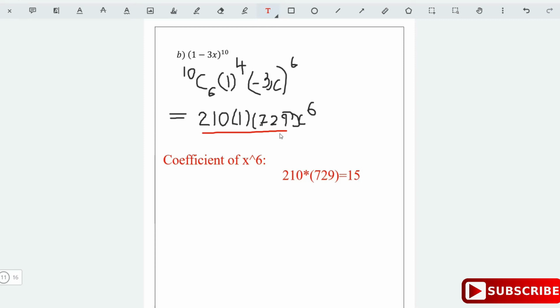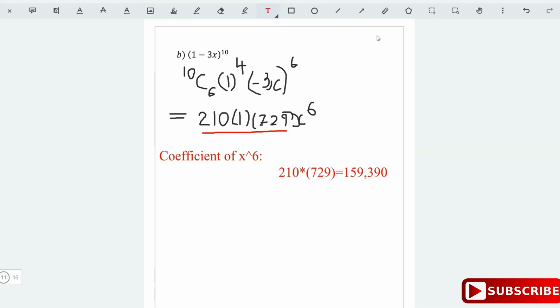It comes out to 159,390. As you can see, I'm very bad at pronouncing these numbers.